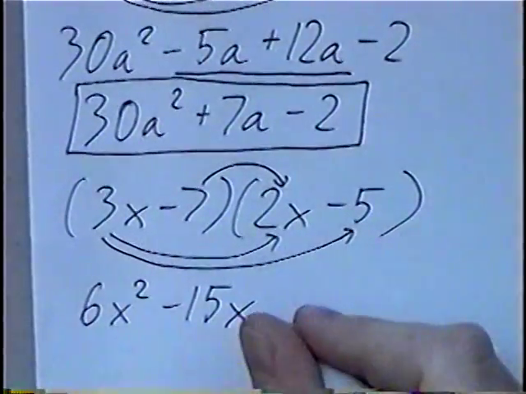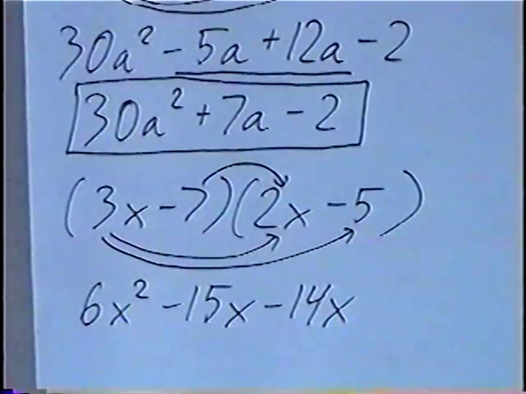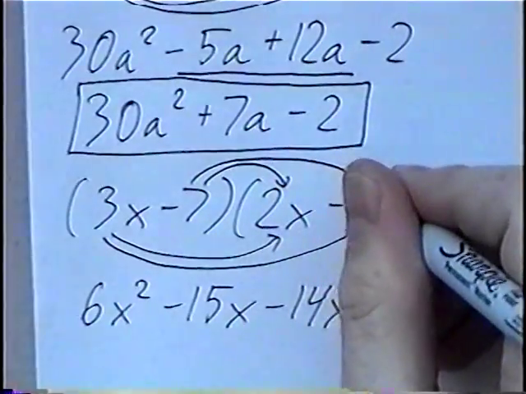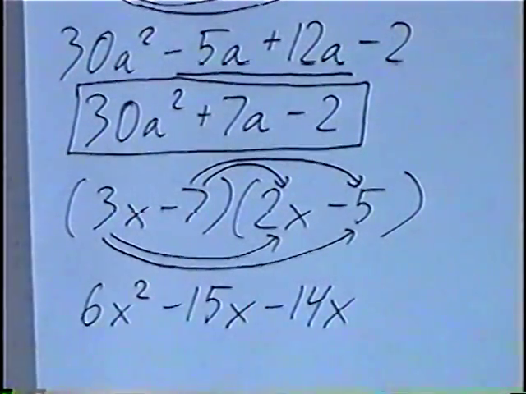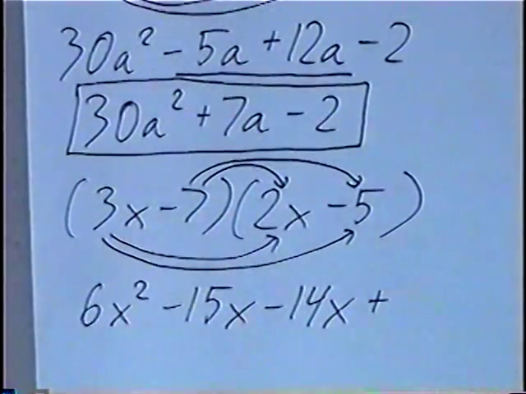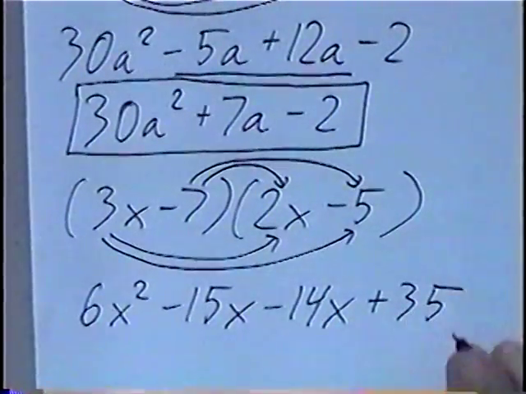Negative 7 times 2 would be negative 14, and again leaving the x on, negative 14x. And the last numbers in each parentheses, negative 7 times negative 5. Multiplying a negative times a negative would be a positive, and 7 times 5 would be 35.